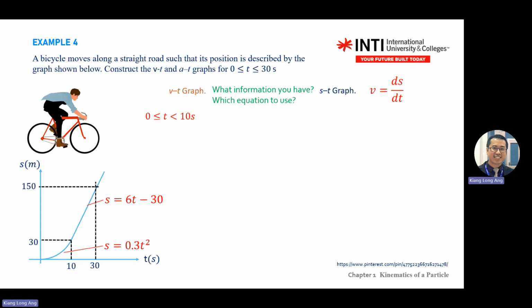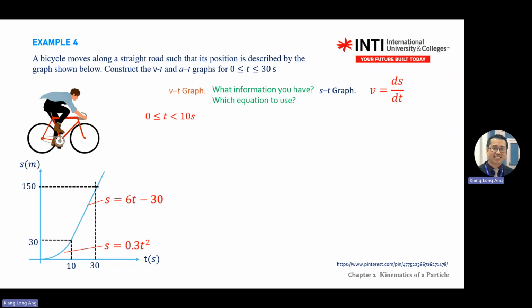How do you do the differentiation? You move the 2 in front, 0.3 t to the power of 2 minus 1. So you get 0.6 t to the power of 1, or 0.6 t.